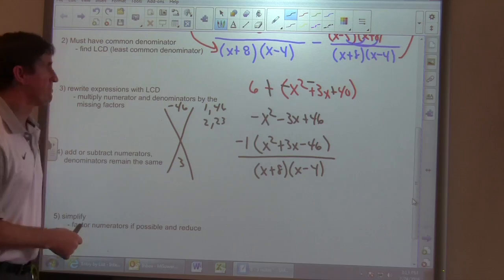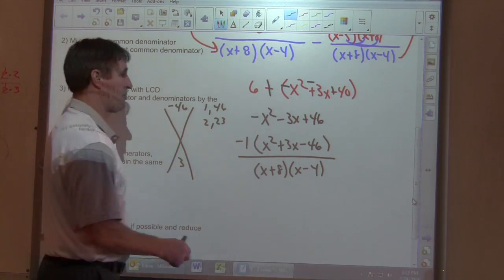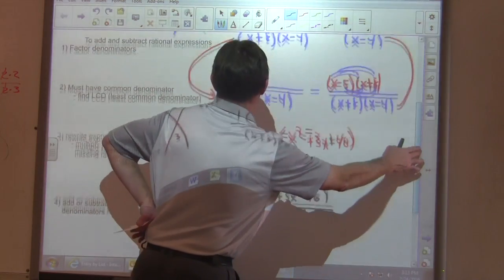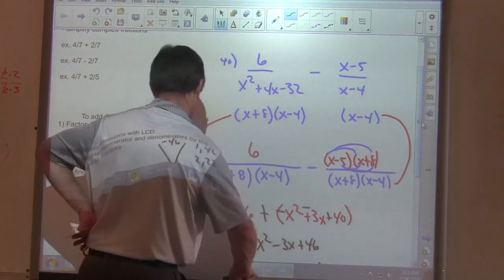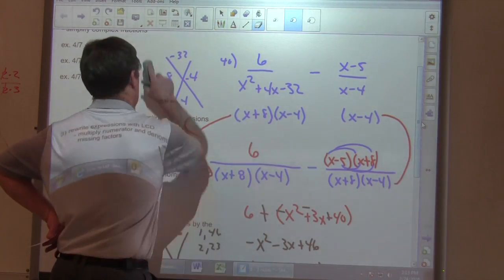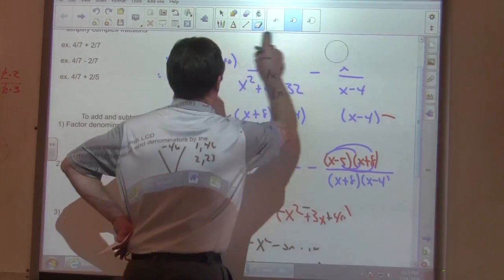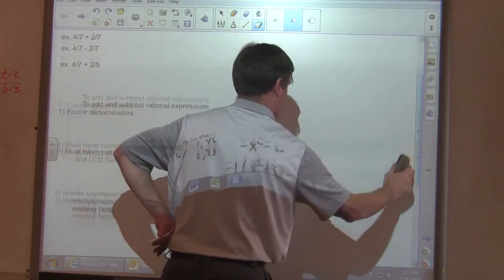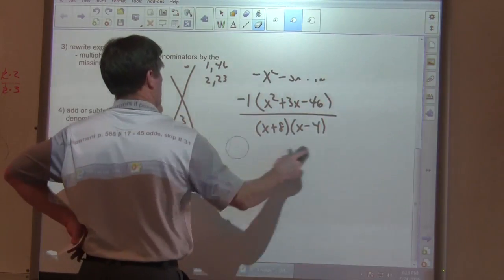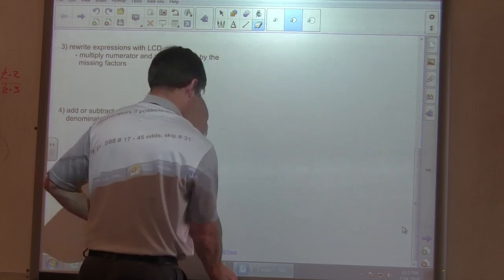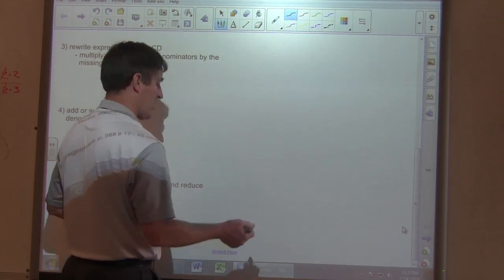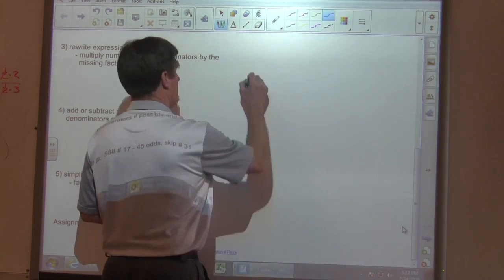And I'm done. I want to go through one simplifying a complex fraction, and I'm actually going to do one on the assignment. So to simplify a complex fraction, let's take one.